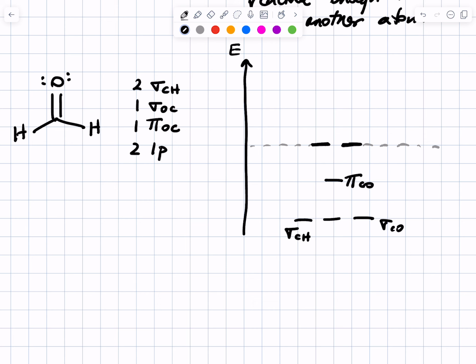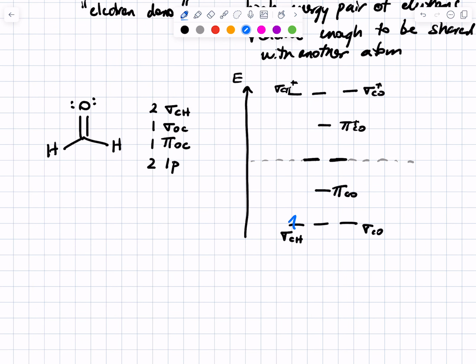Then the empty orbitals are going to be here, the carbon-oxygen pi star, and then the carbon-oxygen and carbon-hydrogen sigma stars. Again, we'll fill up the bonds with the available electrons, 2 electrons per carbon-hydrogen sigma bond, 2 per carbon-oxygen sigma bond, 2 electrons per carbon-oxygen pi bond, 2 electrons per lone pair.